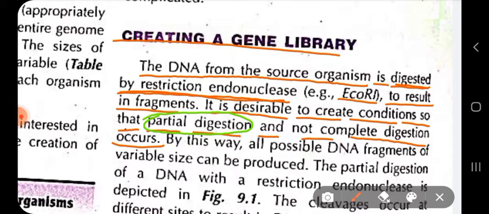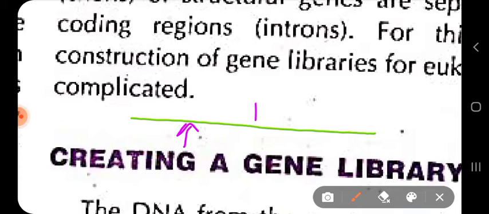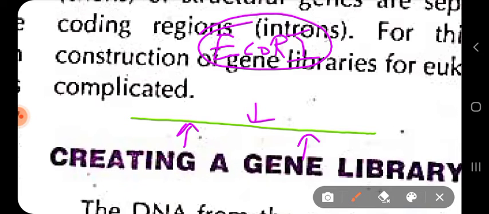It simply means that if this is your genome, well, I have to draw. If this is your DNA, and suppose at three locations you have the restriction enzyme site for EcoR1, suppose it is 5 prime, 3 prime.